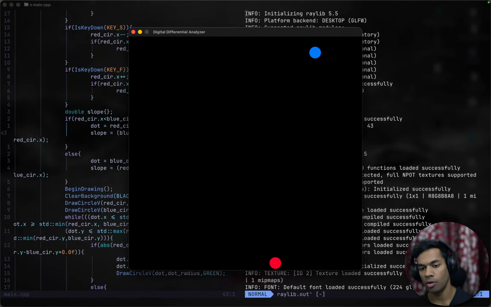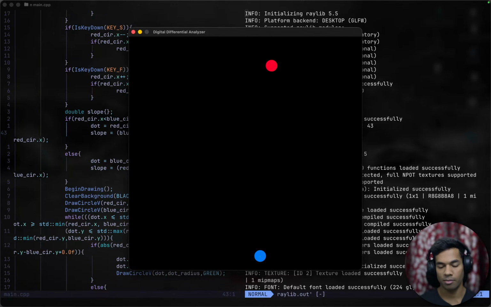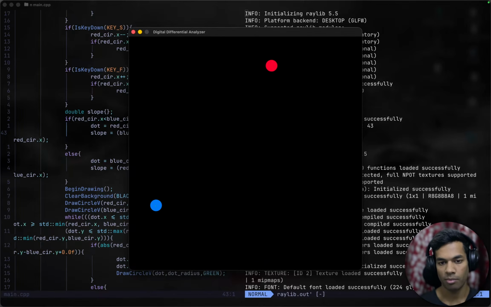So the slope is almost infinite, and that is why we are seeing the problem. And in the opposite direction, yeah, the same problem, because now blue circle is the starting circle and the slope is almost infinite right here, like when we draw the graph of tan. Sine, cos, tan, yeah. So the slope is almost infinite, and that is very problematic.